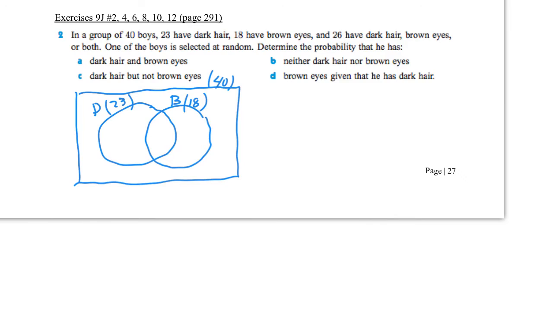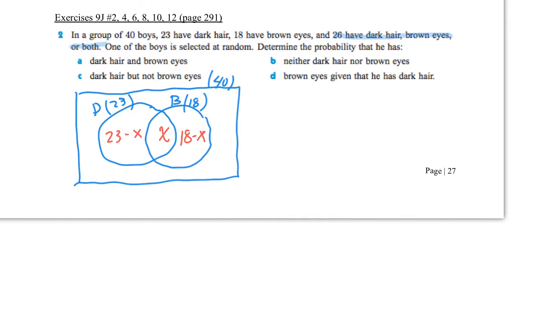If 26 have dark hair, brown eyes, or both, that means the total of these three regions would be 26. So one of the things that we've done in the past is we've taken the middle and put an x in it, 23 minus x, and then over here 18 minus x.